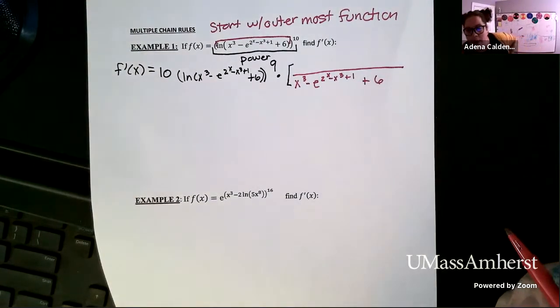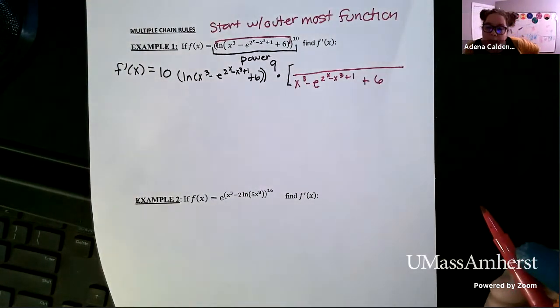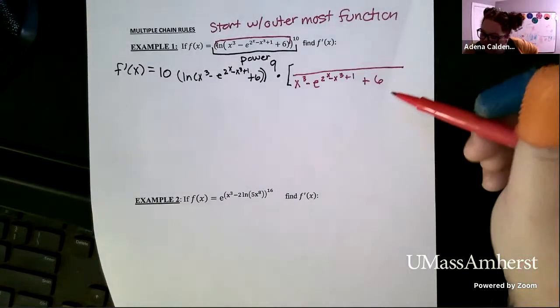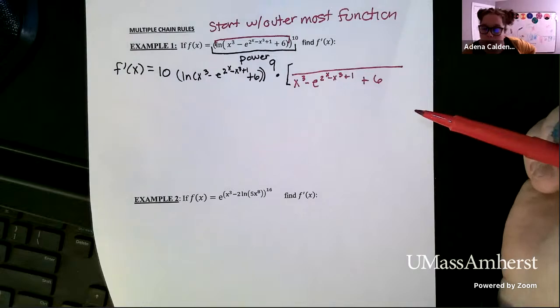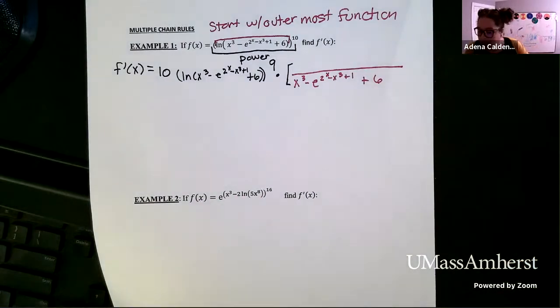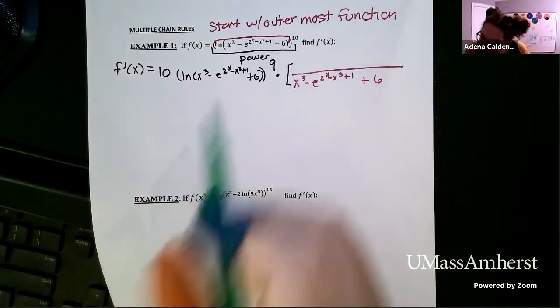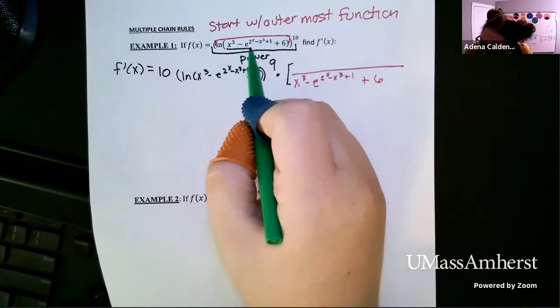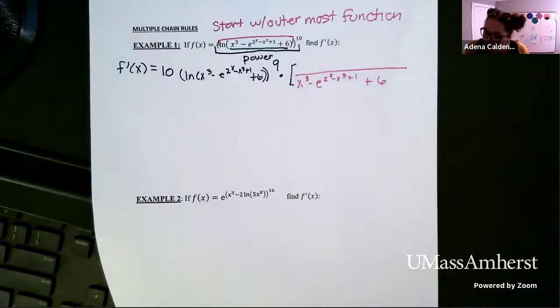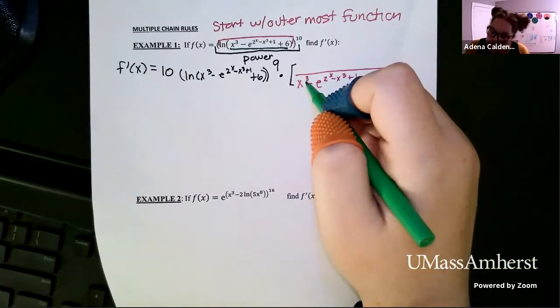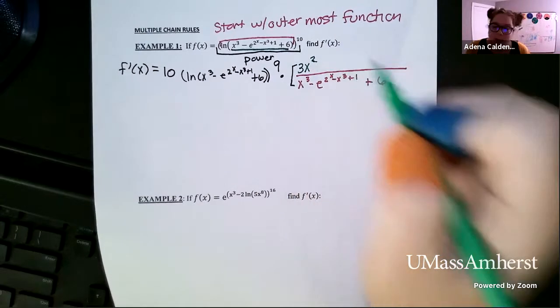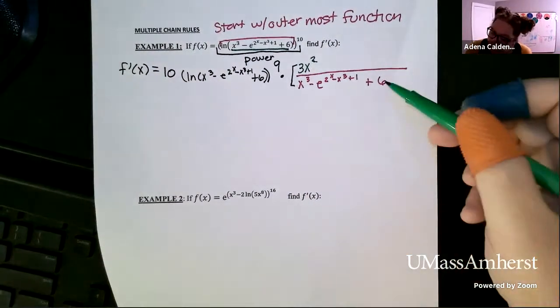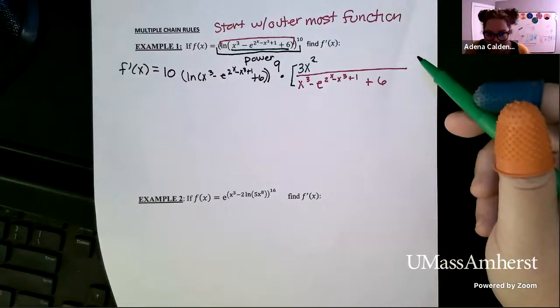So I just wrote that in the denominator, but then I have to do the derivative of that, whatever was inside, in the numerator. So I say, okay, let me take a look at whatever was inside here and bring that into the numerator. So I'm hyper focusing in on these terms. So the derivative of x cubed, 3x squared. The derivative of 6 is 0.